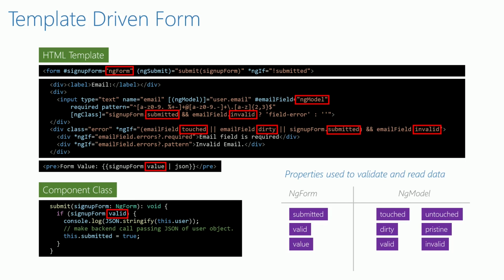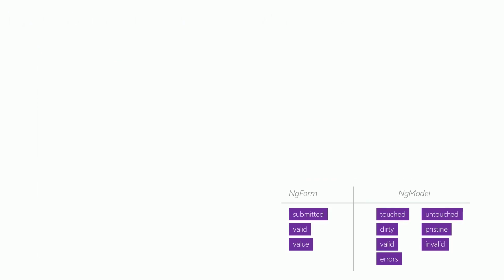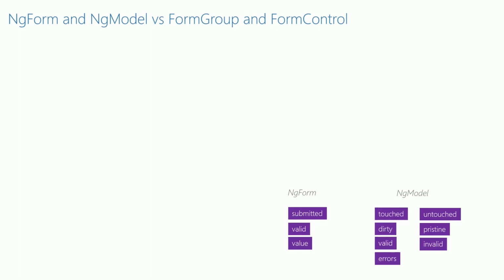Errors property contains validation error data. In summary, these are the properties from NgForm used to implement validation at form level. These are the properties from NgModel used to implement validation at form field level. Let us focus on all these properties.